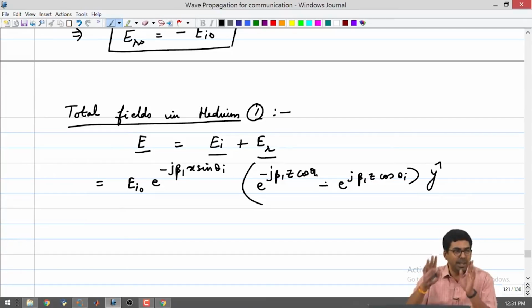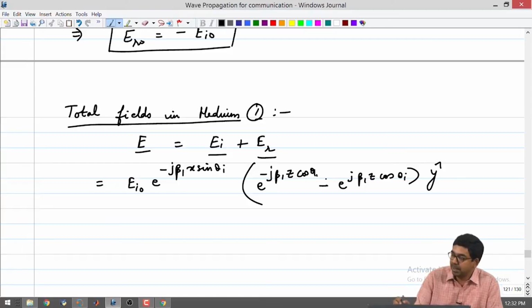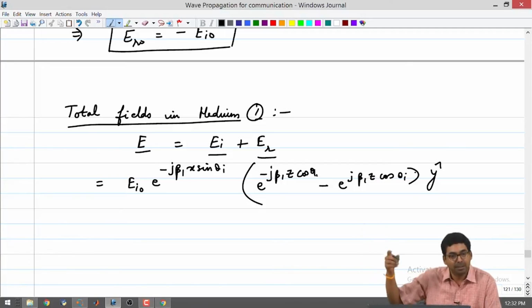All I have done is take the expressions, add them up together, and group the z terms together because I want to perform some trigonometric operations with them. I can use Euler's formula to say that the difference between the exponentials will give me a sinusoid. So, it will be 2j something, and because it is e to the minus j beta 1 z cos theta I minus e to the plus j beta 1 z cos theta I, it will be minus 2j sin, all right.